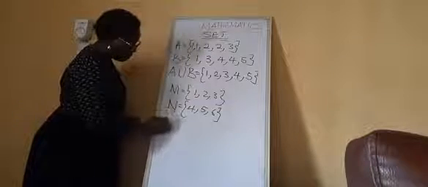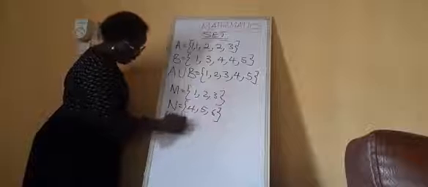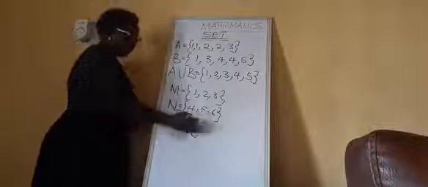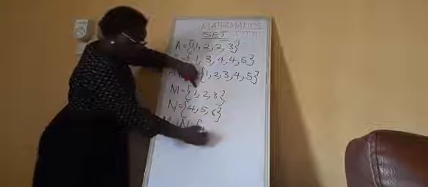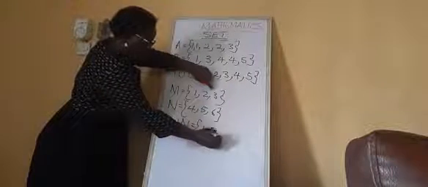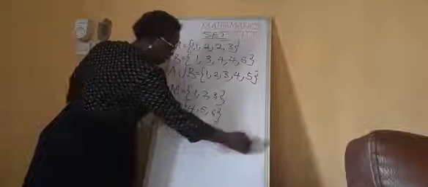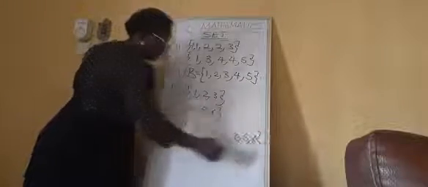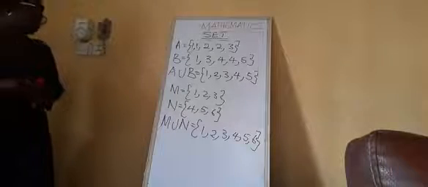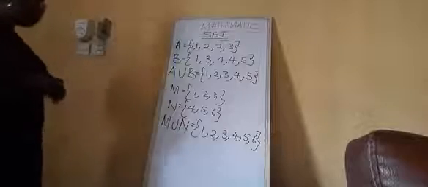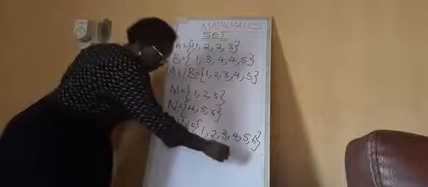So M union N will be what? So we have 1, we have 2, we have 3, we have 4, we have 5, we have 6. That's what we call union. And we want to draw the Venn diagram of union. It's like this.